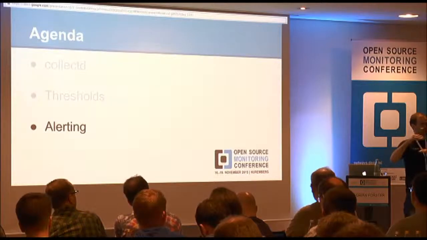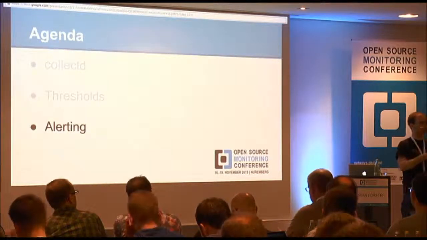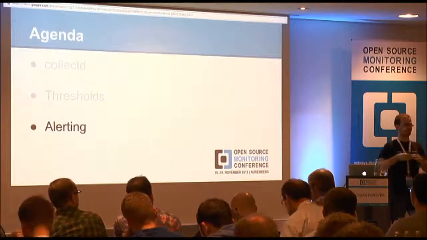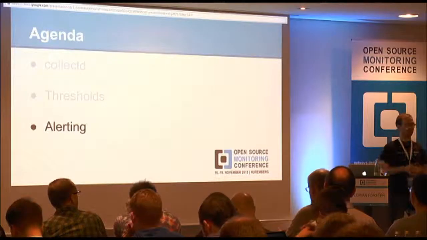So the first step is to look at your threshold and determine is this okay or not. Essentially, it's a yes or no question, or tri-state if you want to say okay, warning and failure.